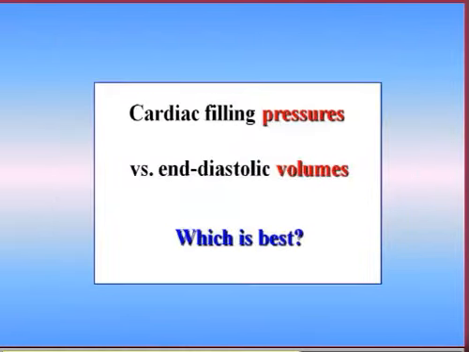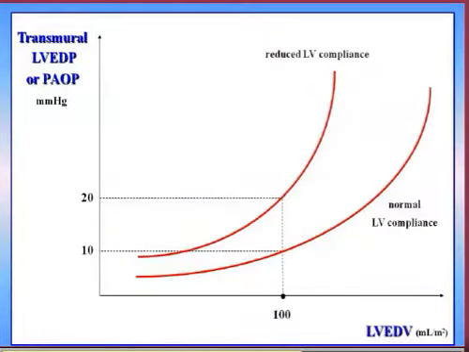So, which is best between pressures and volumes? You know the relationship between transmural pressure and volume. For patients with a normal left ventricular compliance, for example, you may have 100 for volume and 10 mmHg for pressure.